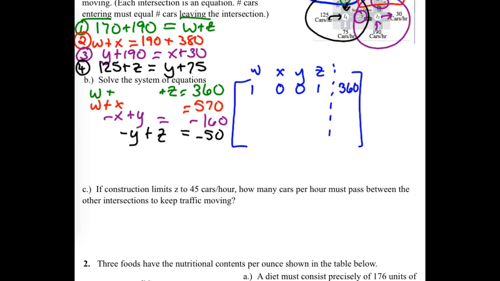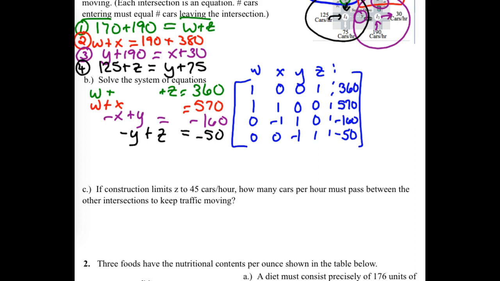For my second equation, I have one W and one X, but no Y's and no Z's, and I get 570. My third equation, I have no W's, negative 1X, positive 1Y, no Z's, and a negative 160. And my last equation, no W's, no X's, negative 1Y, positive 1Z, and negative 50.